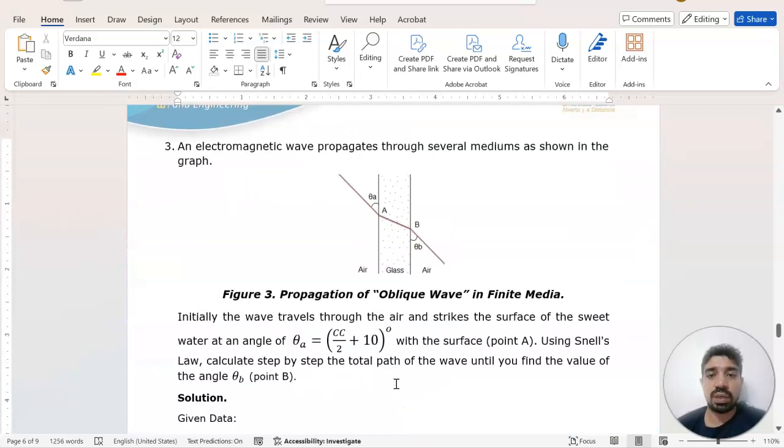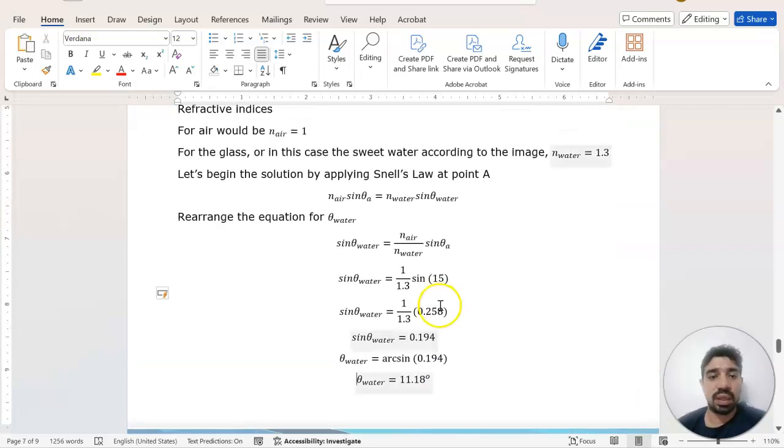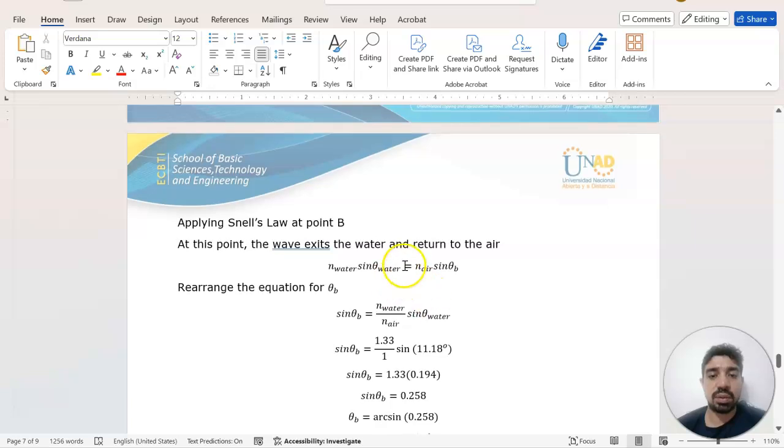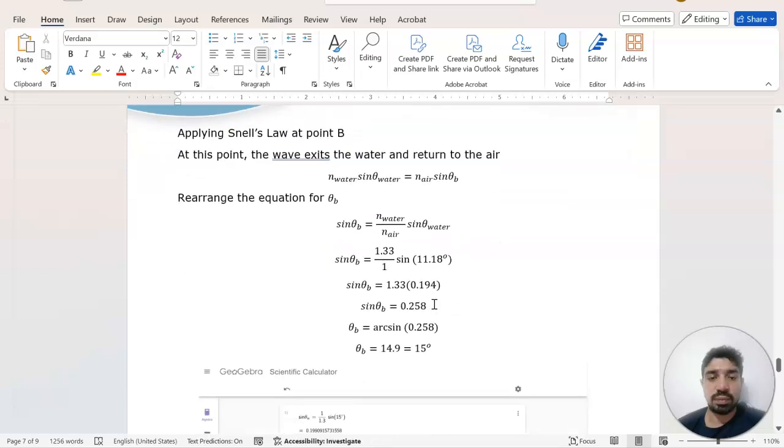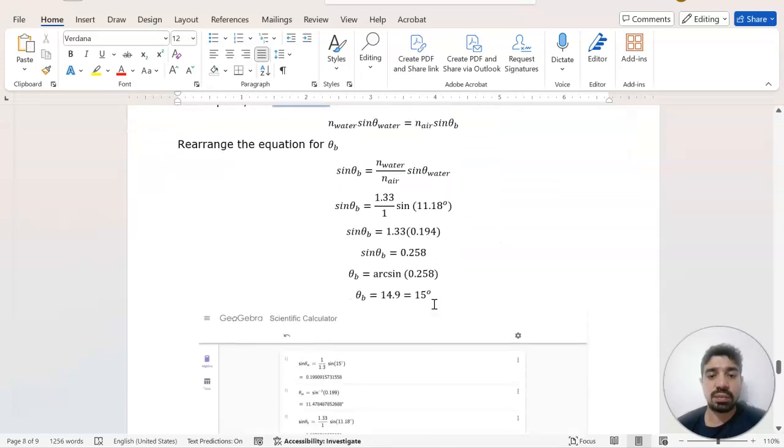After that, we need to find the exit angle. We again apply Snell's law equation, but in this case we need the water information, and then the air. So we solve everything one more time by replacing in the formula. At the end, we got 15 degrees.